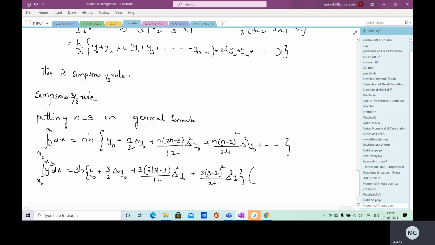That's all. I stop here. Why? Because fourth and higher differences do not exist. By now we know how it is. Whatever can be cancelled, let us cancel it off.